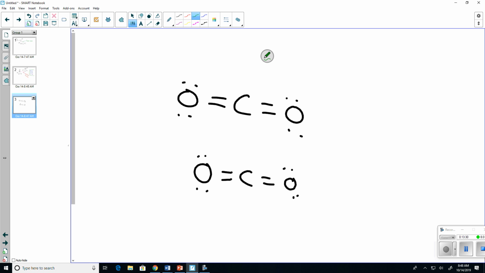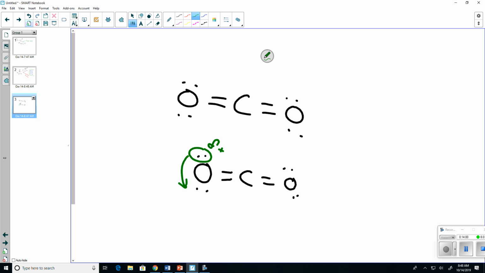When we draw the Lewis dot structure for something, those dots are not stationary. Those are electrons that are constantly orbiting around nuclei. At any given moment, this pair of electrons could rotate down. And if that were to occur at that split second, we would create a very tiny partial positive.